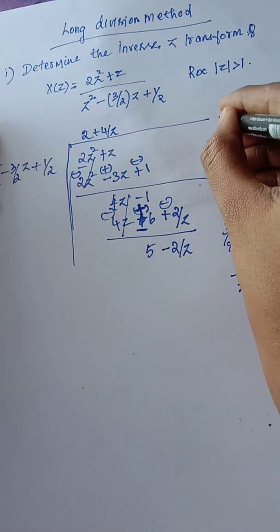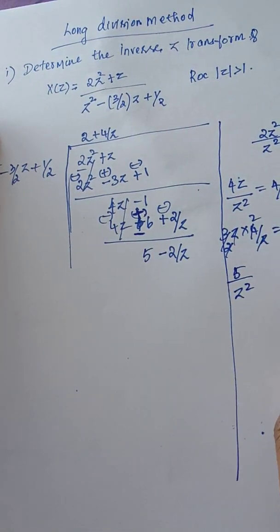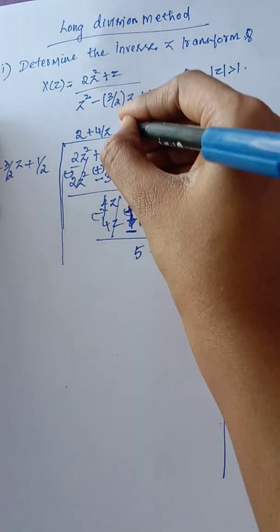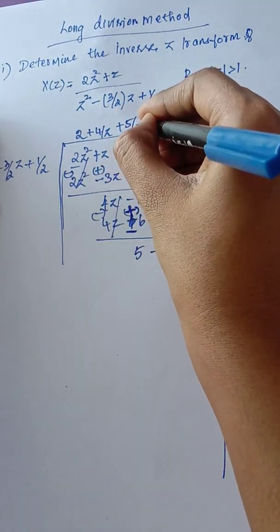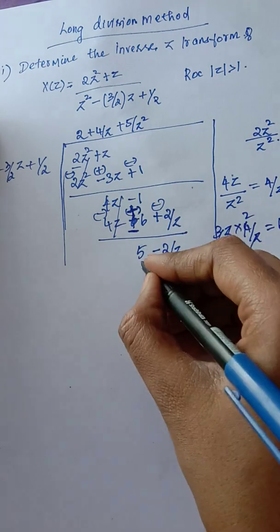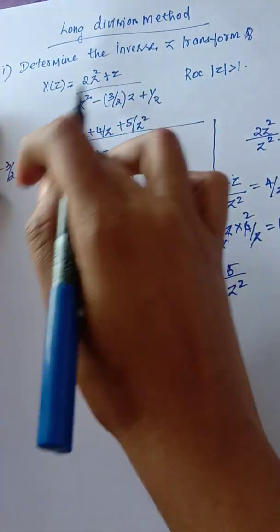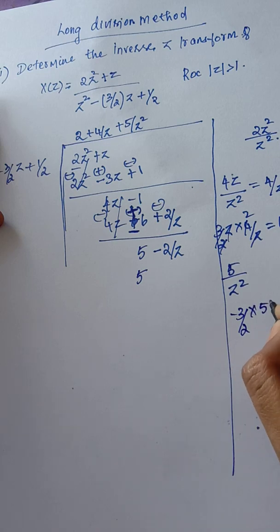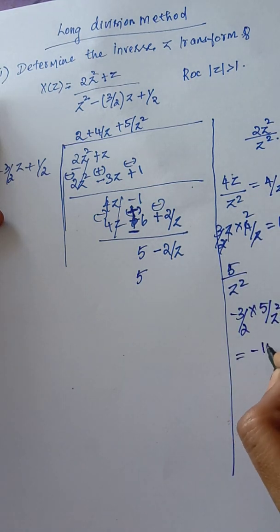Here I have just used this as a rough column. So 5 by z square as usual. Multiply with this, so what you will get is 5. Then multiply minus 3 by 2 into 5 by z square, so you will get minus 15 by 2 z square.